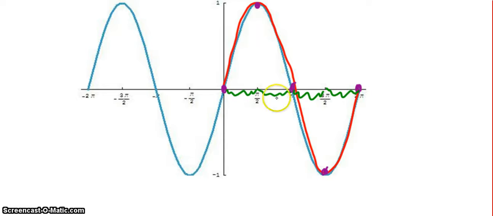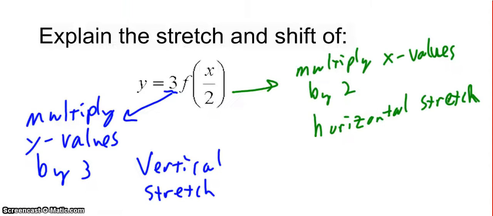And notice that I have 4 little squigglies there. That's because we divided the period by 4. So for 1 period we're going to plot 5 points. If it was 2 periods, we would plot 9 points, because there's going to be a point that overlaps between the two. The beginning and the end of a period will be the same point.